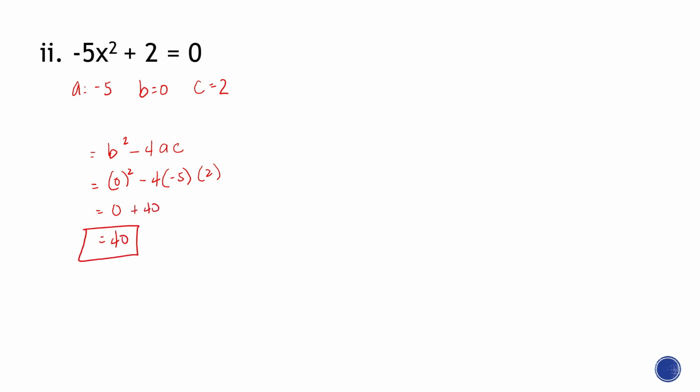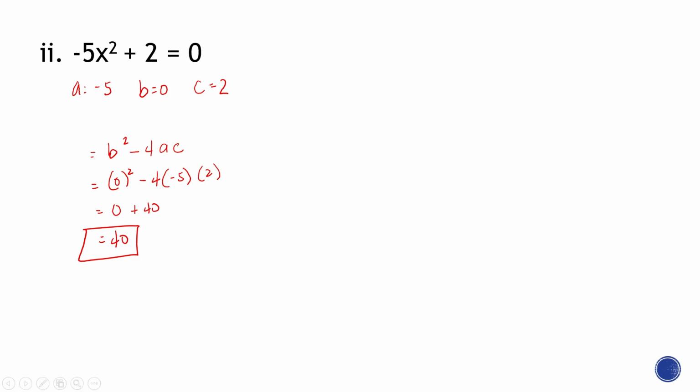So the value of the discriminant is 40, and it's positive. This is the last two descriptions from the table I showed you earlier. So the third one is this one. It's positive, but it's not a perfect square number. Square root of 40 is a decimal. You are going to have two irrational roots, two distinct irrational roots.